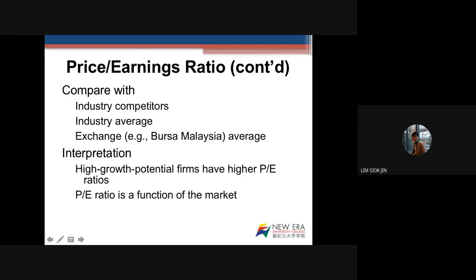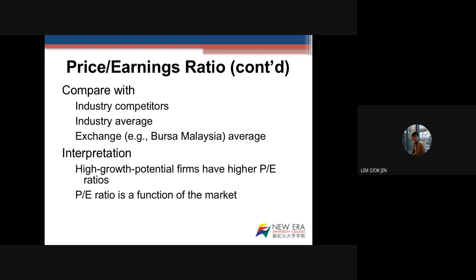So, why do people find PE? Why is it important? Because it can be used to compare with industry competitors, like what I did just now. We compared two phones. But phone is not a very good example because P and E means price over earnings. What I calculated for the phones, Apple and Huawei, is basically price on top, but at the bottom is function.